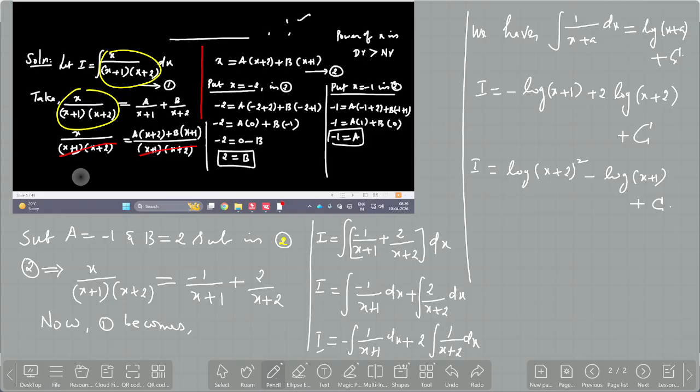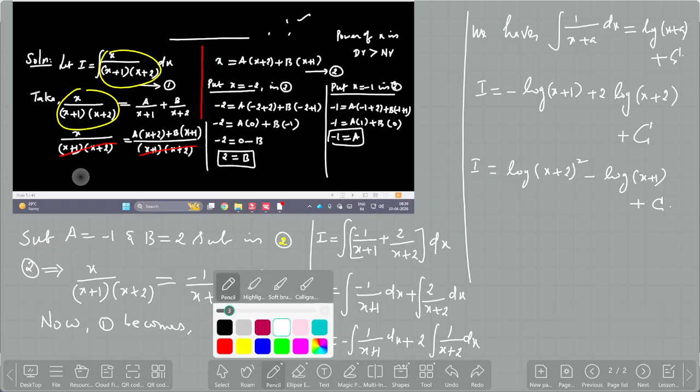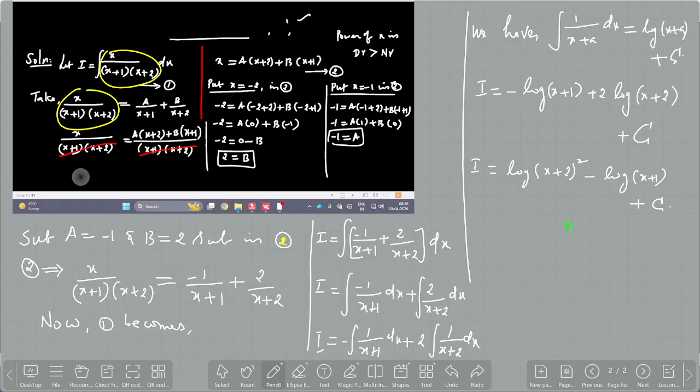Okay, that is equal to what? One more formula here. First formula, n into log m equal to log m power n, and then log m minus log n equals log of m divided by n.